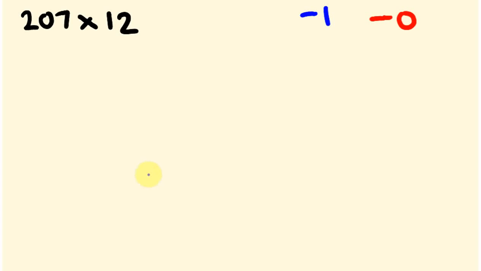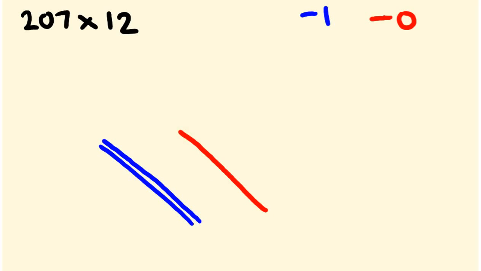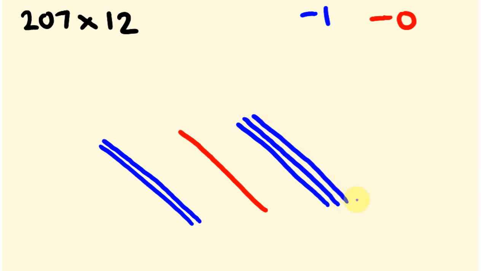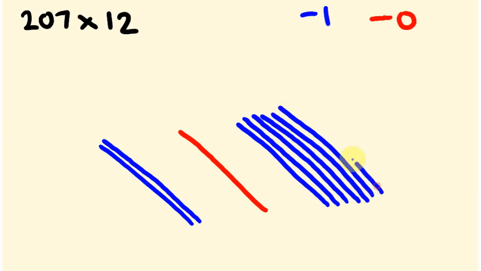So when I do 207 now, I'm going to do 2 lines for the 200. For the zero part, that was the hundreds part, sorry, I'm going to put a 0 like that, just a red line. And for the 7, I'm going to draw 7 lines. I'll show you how to deal with this on the next question. We'll just deal with this variance for now: 4, 5, 6, 7.